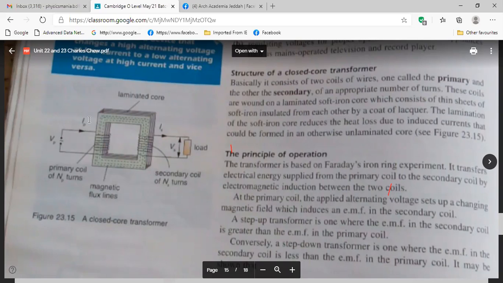Like, for example, you have 100 watt power in the primary, and your voltage is 20 volt and current is 5 ampere, right? Yes.